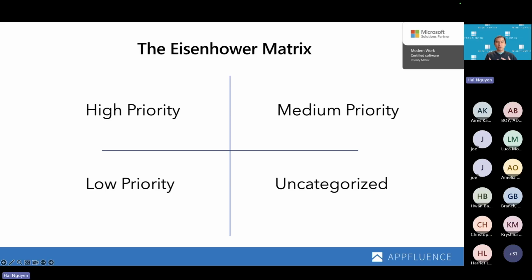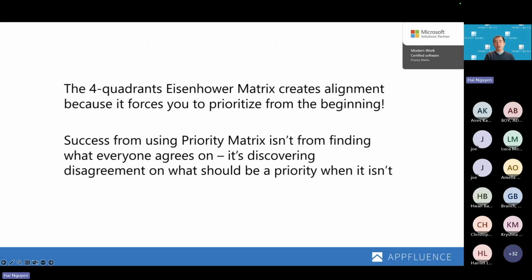You're sitting there thinking, oh, I know what's important, and everyone else does the exact same thing. But when we have a disagreement, it's not explicit. So by using the Eisenhower matrix and comparing notes, you immediately surface all these things that you didn't know, that you didn't agree on. The 4 quadrant Eisenhower matrix creates alignment because it forces you to prioritize from the beginning, but success from using the matrix is about finding the things that you disagree on.